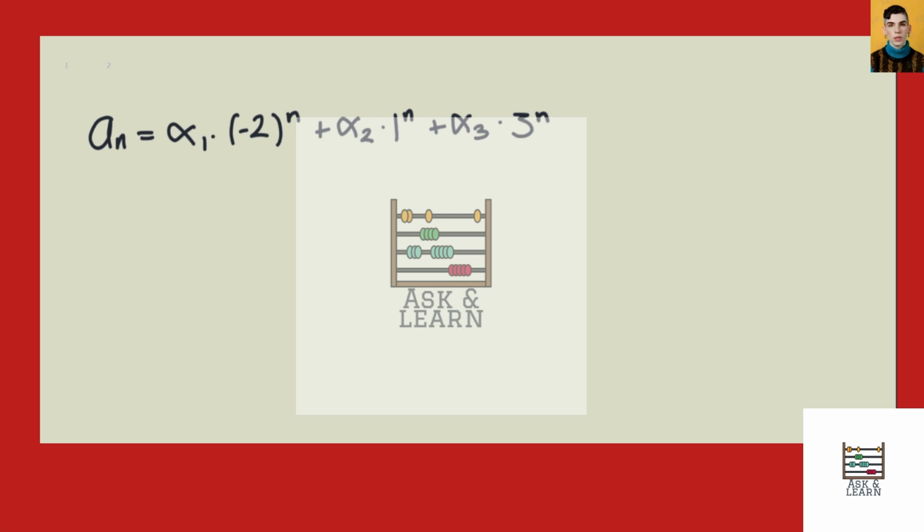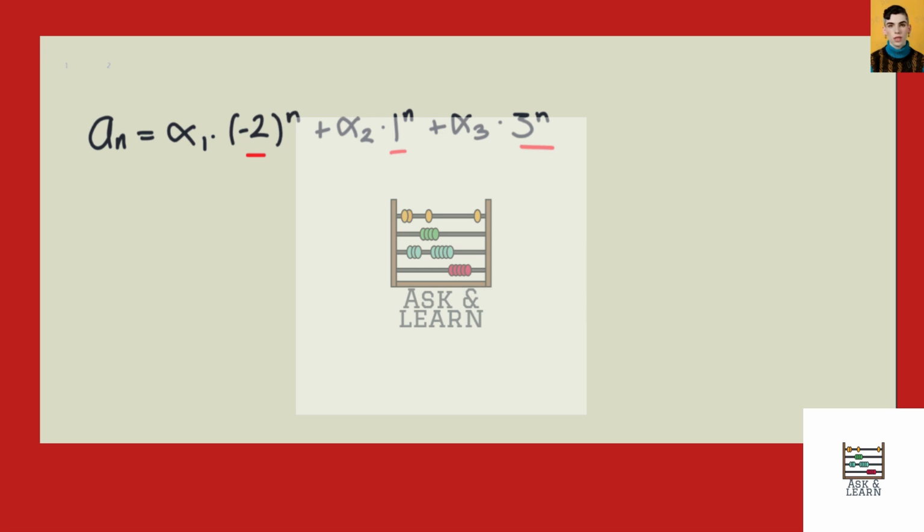And so everything that's raised to the power of n is one of our roots from before. And all the alphas are constants that we need to determine. So we're going to determine them with the initial conditions.